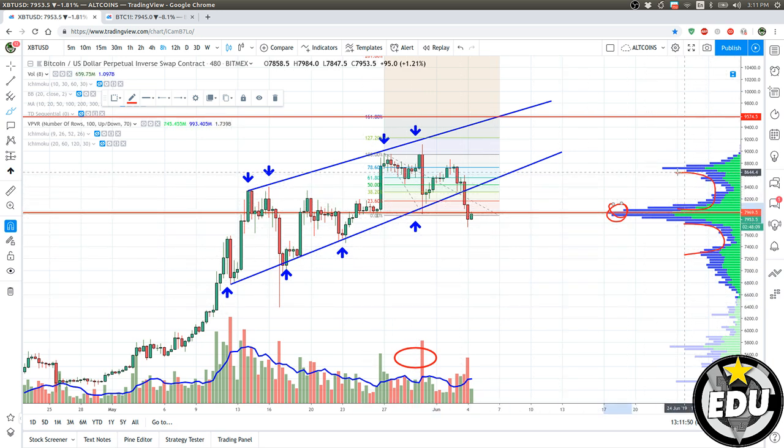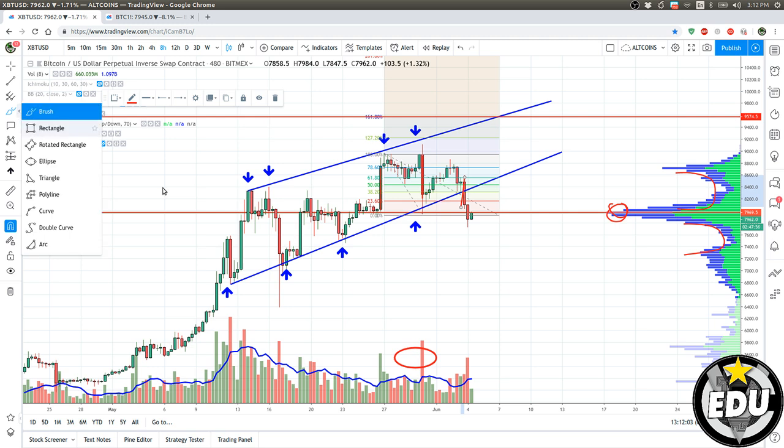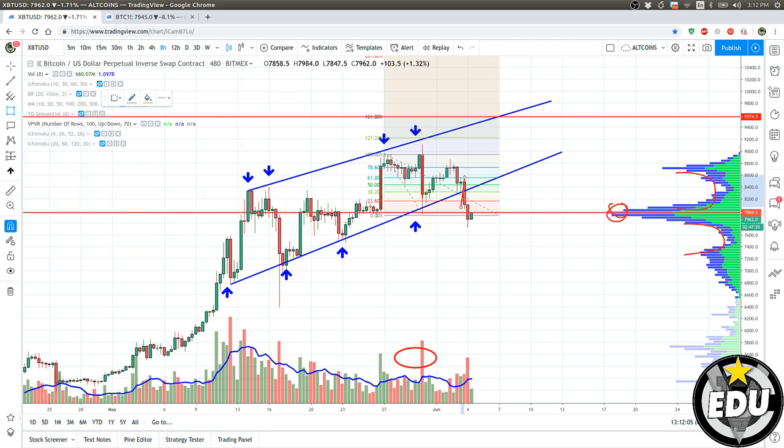So in the low volume node, you won't see the price staying there too much. That's why you see those massive candles that never stay inside this range. This is the range that we're looking at. This is the low volume node.